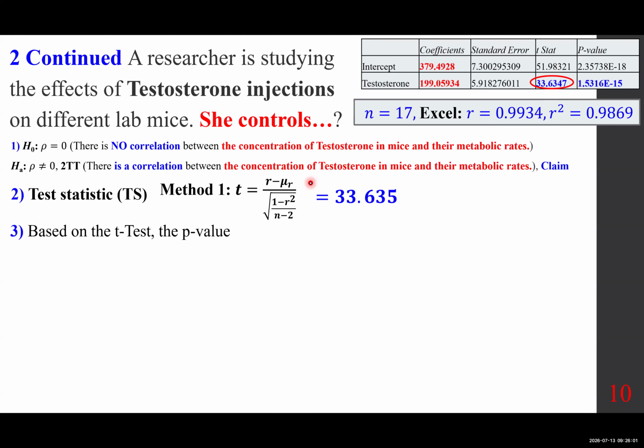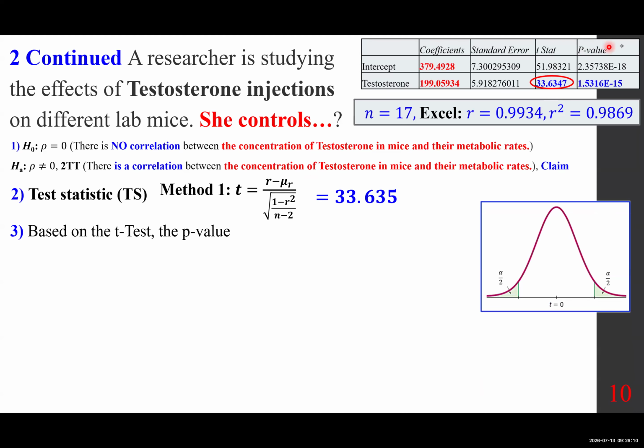And based on the t-test, look at the p-value, which is the area to the right of 33.6. So 33.6, you can't even locate that. It's way off. Remember, from -3 to +3, it covers almost everything, 99.7%. So 33 somewhere here. The area to the right of that is practically nothing, which is this number.